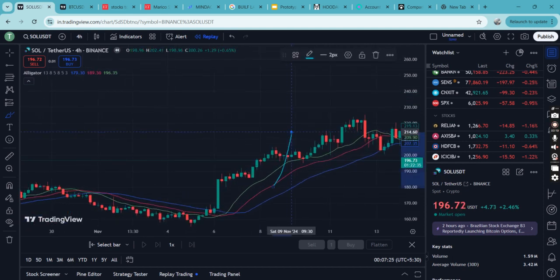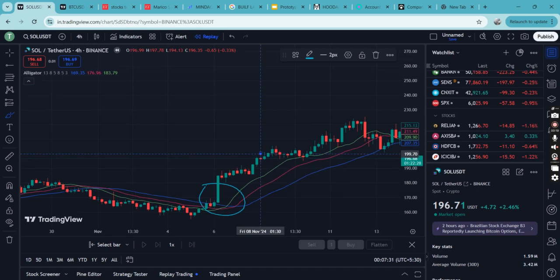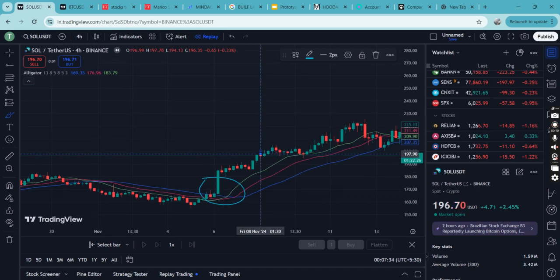Now if you see this particular point, we can see that the alligator started waking up, and the gap between the lines will describe how wide the mouth is. That means how big the trend is or how clean the trend is, right?